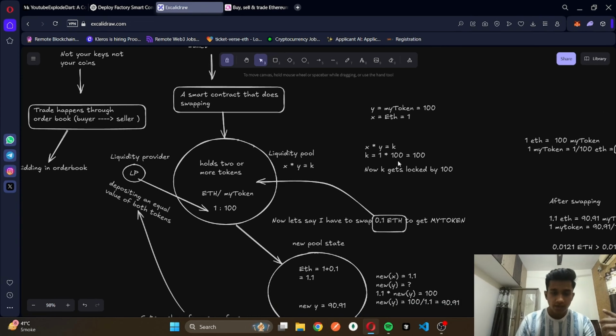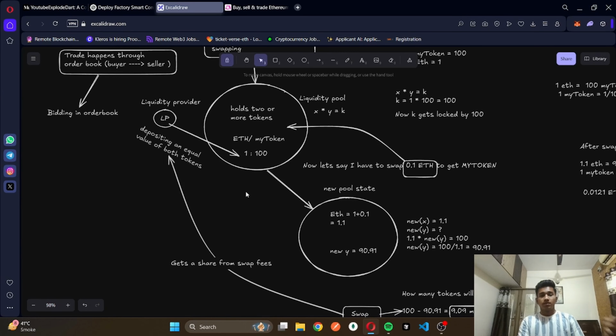Now there's a second term in this, that's liquidity provider. Anyone can become a liquidity provider for the pool, but who is the liquidity provider? A liquidity provider is a user or a person who deposits equal amounts of both tokens. If I am a liquidity provider, I will be depositing equal amounts of tokens into this pool to maintain the ratio.